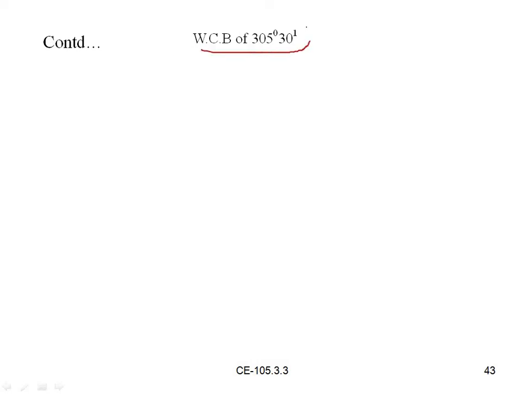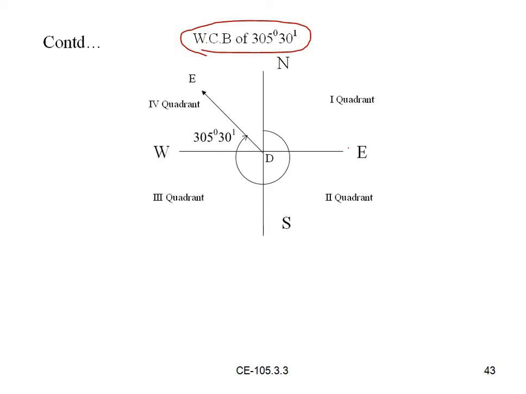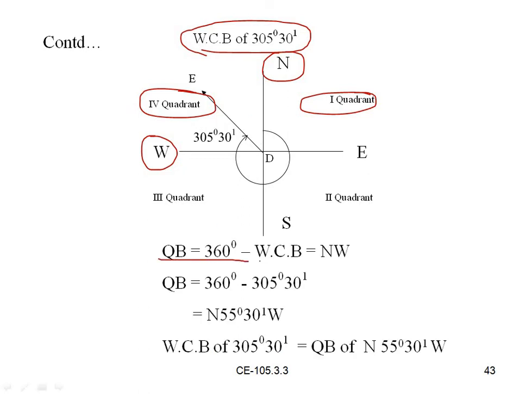Whole circle bearing of 305 degrees 30 minutes is in the fourth quadrant. So it is in between the directions north and west. So 360 degrees minus whole circle bearing gives northwest. So we will write 360 degrees minus 305 degrees 30 minutes, which is north 54 degrees 30 minutes west.